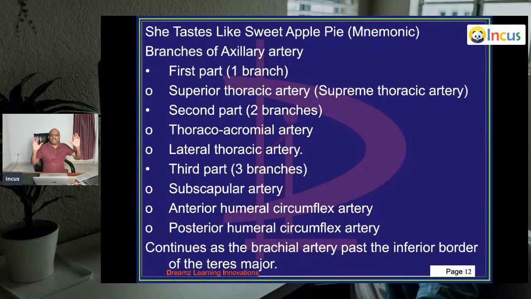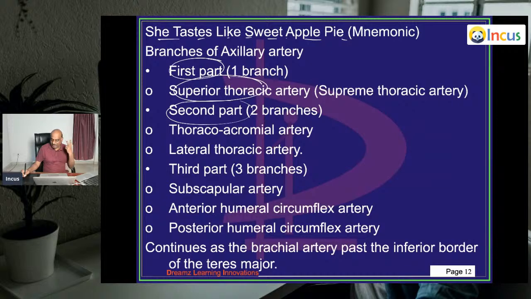So one of the favorite items asked in the entrance is, what are the branches of the axillary artery? First part: superior thoracic artery. "She tastes like a sweet apple pie" is what you need to remember.